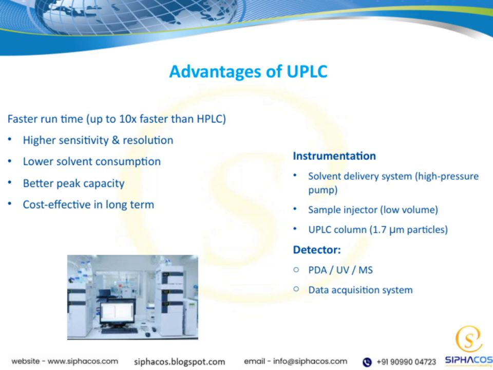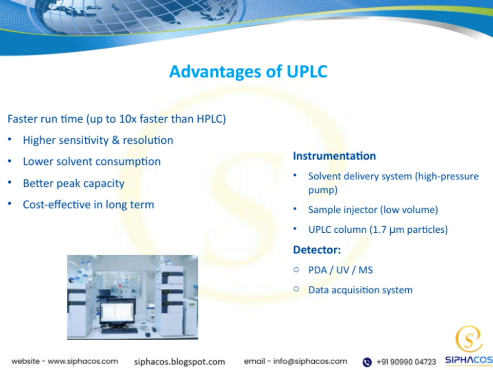On the detection side, we can use various detectors like PDA, UV, or MS, depending on the specific application and sensitivity needed. The data acquisition system then collects and processes all this information, giving us detailed insights into our samples.